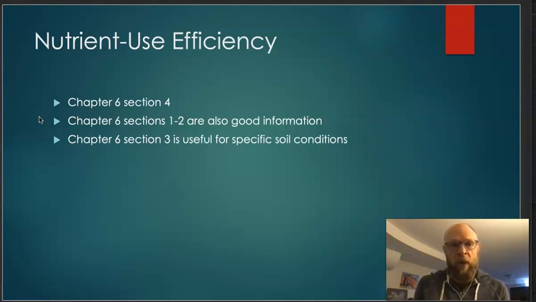That one might be a better reference depending on what type of situation you're in, or in the future, if you work in a certain soil type, that section might have some useful information. But as a general rule, most of the information you'd want is in sections 1 and 2 and then 4.